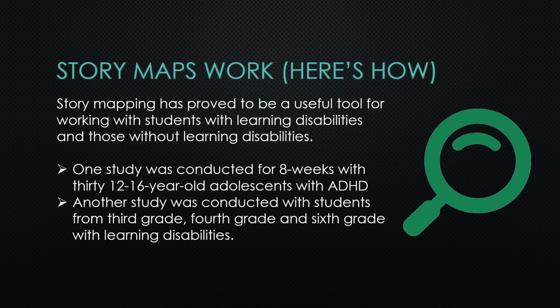Another study was conducted with students from the 3rd grade, 4th grade, and 6th grade with learning disabilities. During the study, the use of story mapping and its effects on the students' comprehension of the narrative's elements were monitored. Since reading is a common deficient skill area, the study was done to observe the possibility of positive results being received from story mapping within the special education system.